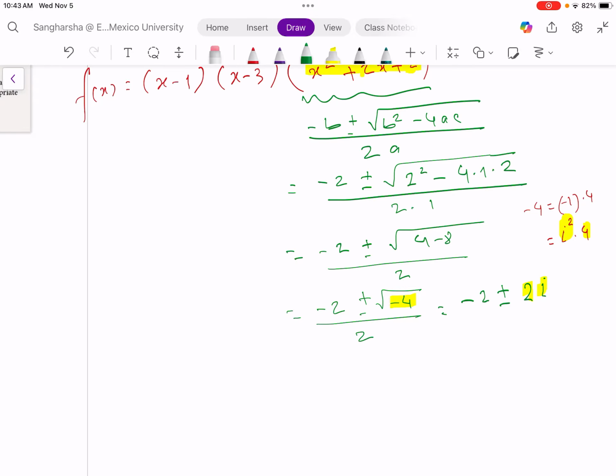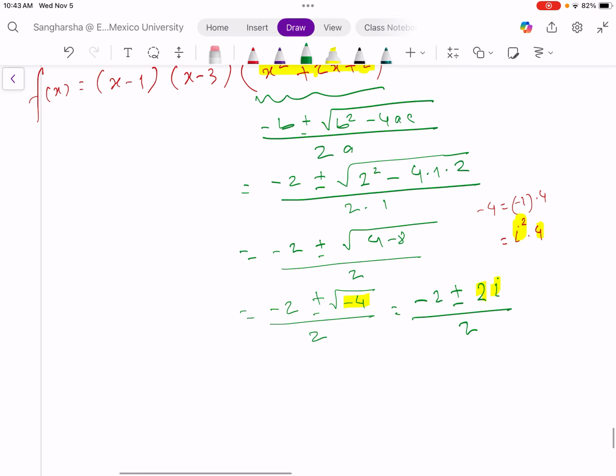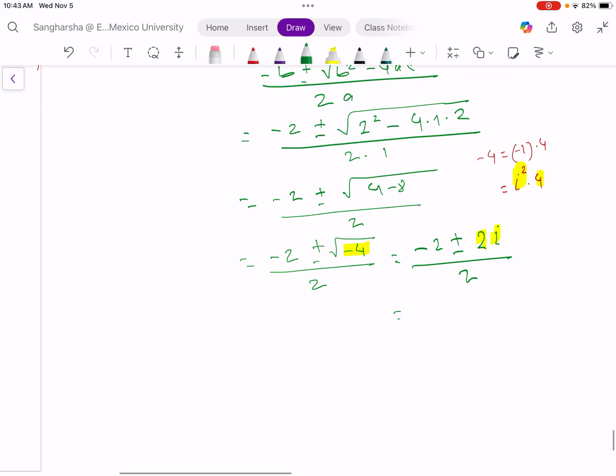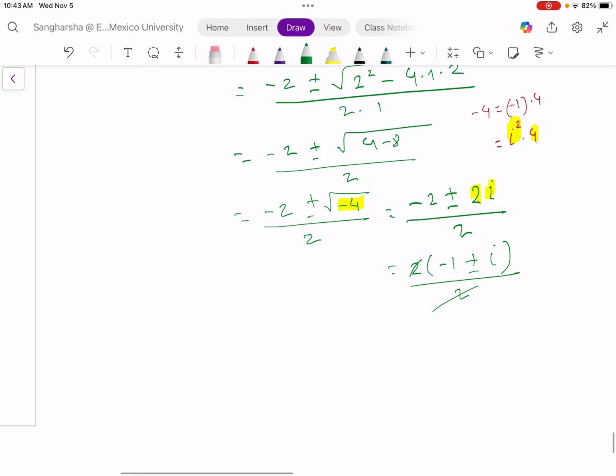Divided by 2. Now we factor out 2 in the numerator. So negative 1 plus or minus 1i, the 2s cancel. We have negative 1 plus i and negative 1 minus i. Now what kind of numbers are these? Are these real numbers?